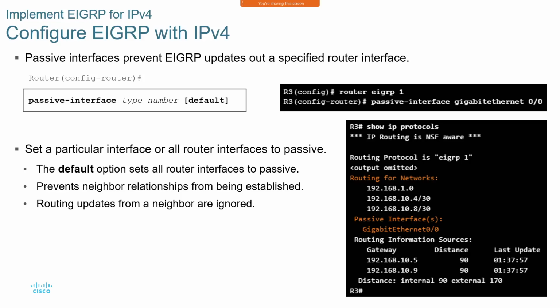So if we enter the passive interface default on the router, all the interfaces will be excluded of the EIGRP process, and then I will have to specify which interface I want to be part of the EIGRP process, and I will do that with the no passive interface, and then I'll specify the interface that I don't want to be passive.